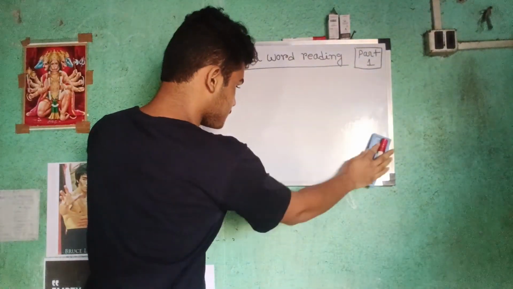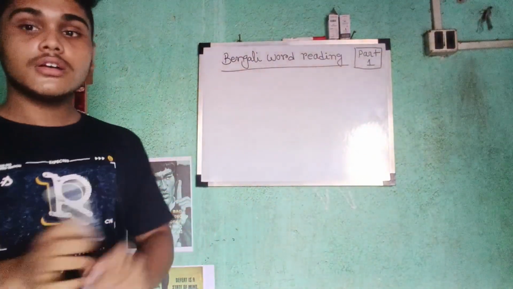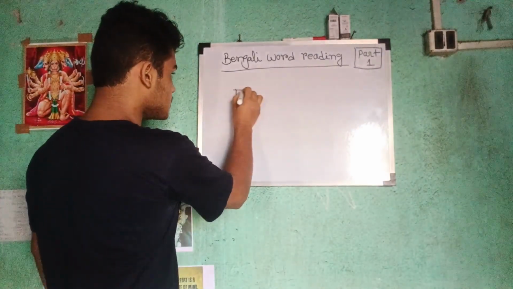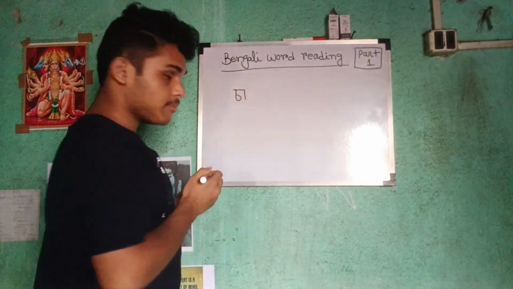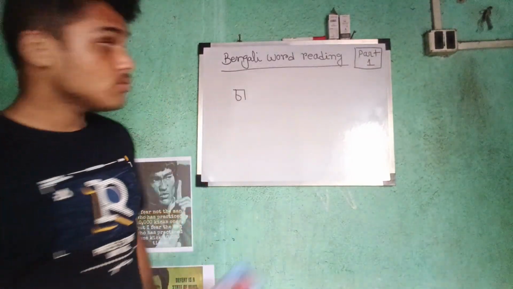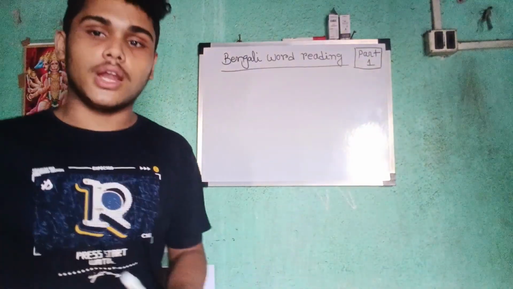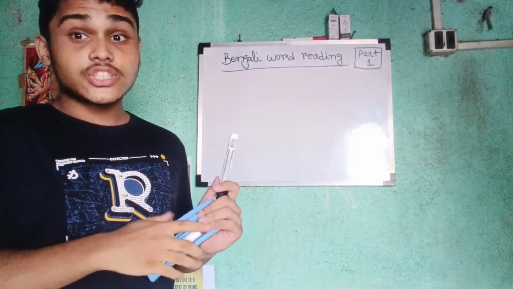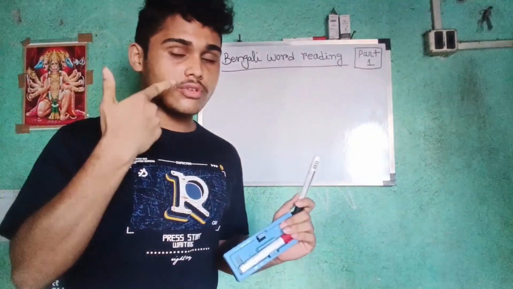After that we will go to the 4-letter word. So I am saying that I will write charcoal. You have heard about coal. So this is charcoal, like charcoal face wash.